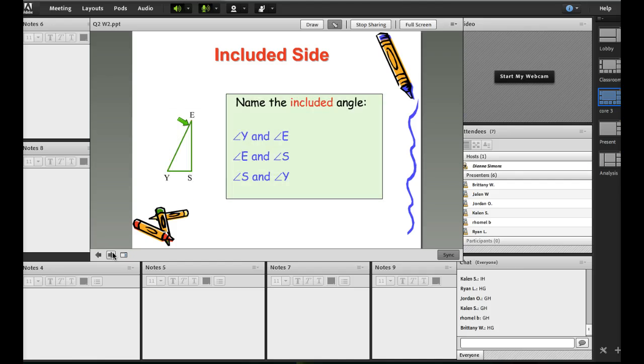So, included side. So, name the included angle. No, we want the side, not the angle. That should be side. Sorry, guys. So, first one, name the included side. Angle Y, angle E, what's the side? YE.